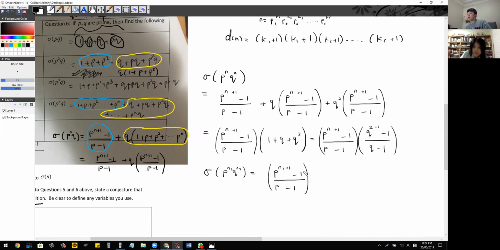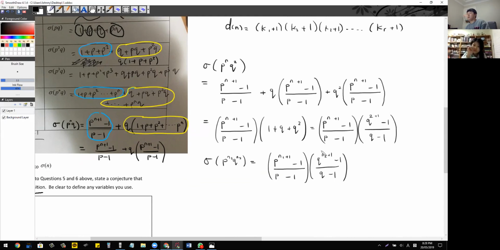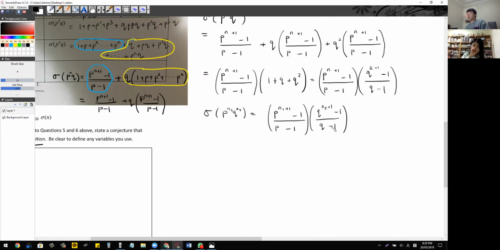It will probably be this one with Q^(N2+1) minus 1 over Q minus 1. Mm-hmm. So that's my conjecture for P and Q and 1 and 2. So I'm going to have this really bold conjecture.